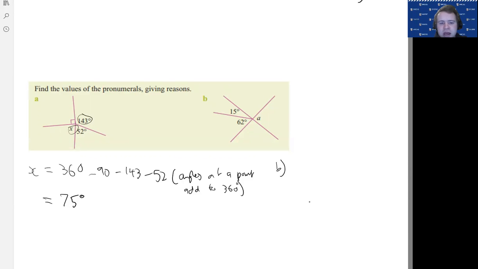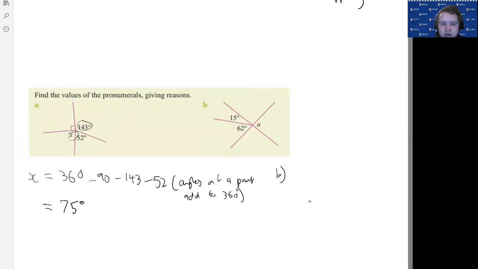For part B, again, we can't use vertically opposite angles directly. Actually, this is a really clever question. If we look at this whole angle here, it is vertically opposite A, because we have straight lines here and we're just splitting up the angle. So we can say A equals 62 plus 15, and the reason is that those two angles put together are vertically opposite.